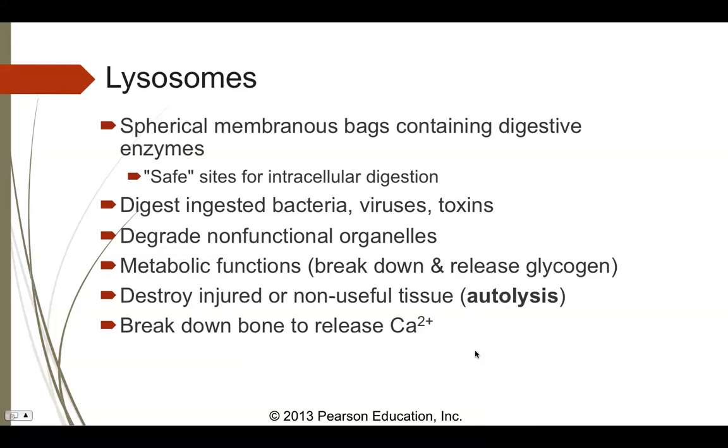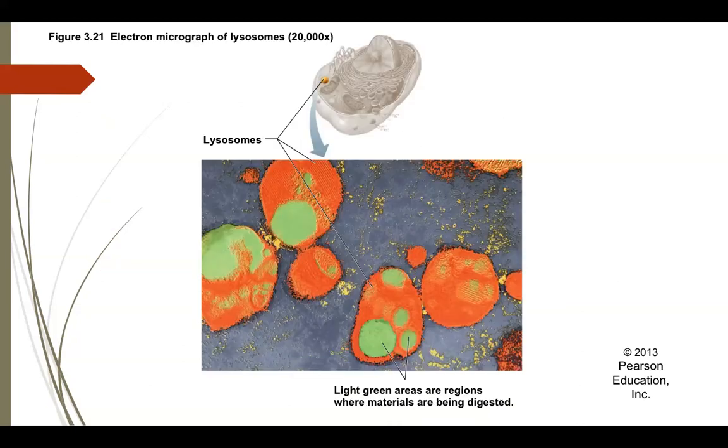So when your blood calcium level drops, there are lysosomes in the bone tissue, and it's actually through little cells that are osteoclasts. They have these lysosomes which will break down that bone tissue so that you can get that blood calcium in your bloodstream to go back up to normal. Here's showing you an electron micrograph of lysosomes.